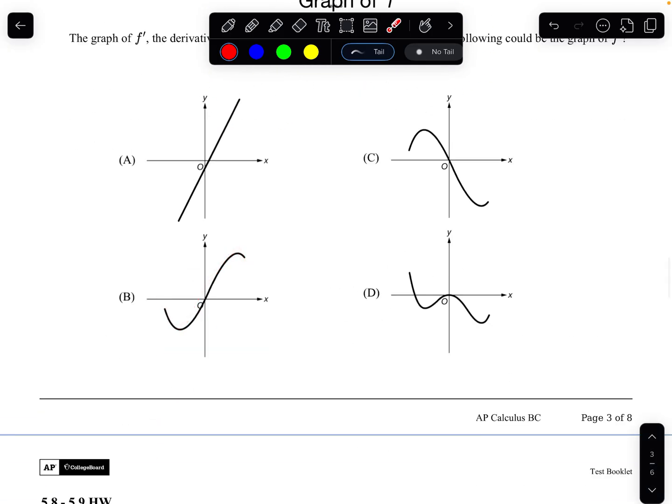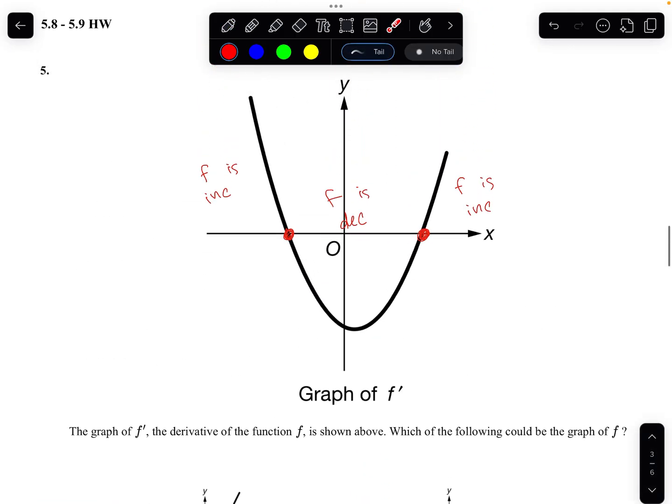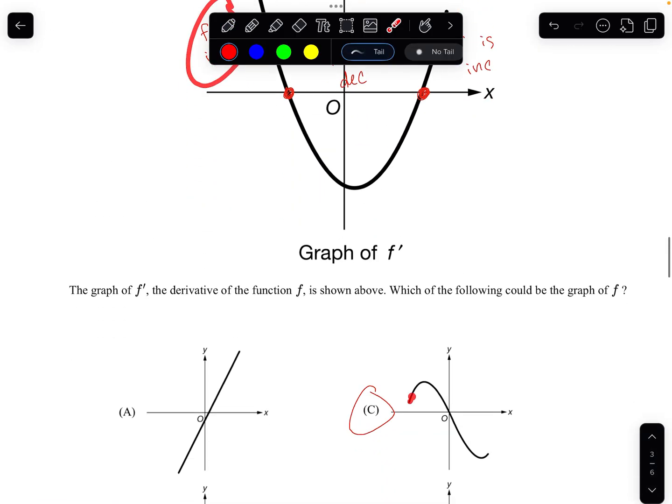No, this just means that it's always increasing, which it's not. And this is decreasing, increasing, decreasing, increasing. So no, it's got to be C right there. You can see that's increasing here, and then it's decreasing, and then it's increasing.